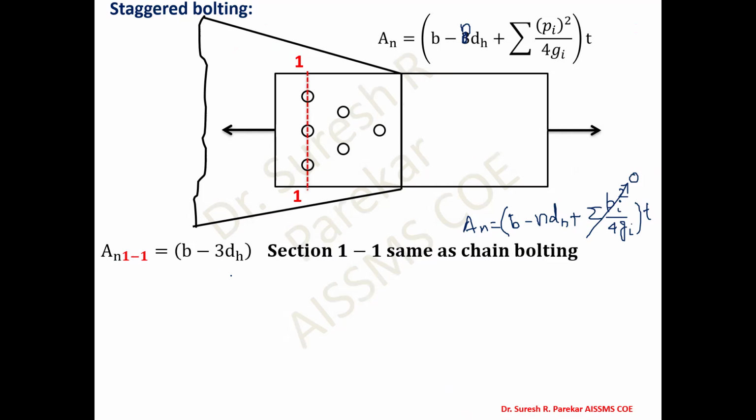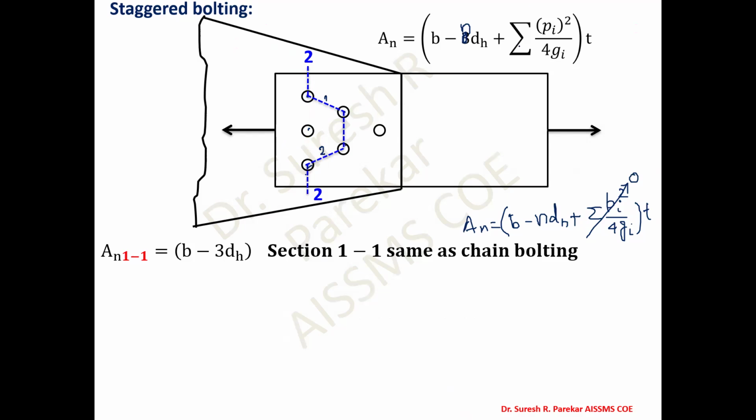Now if we go with section 2, how will we have this section 2? How many bolts? In the first case, you can see we have 3 bolts: this will be 1, this will be 2, and then 3. Now if we go to the second section, how many bolts do we have along the cross section? 1, 2, 3, 4. How many staggered portions do we have? One staggered portion, this will be the second.